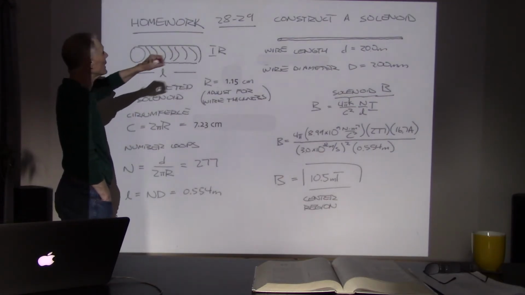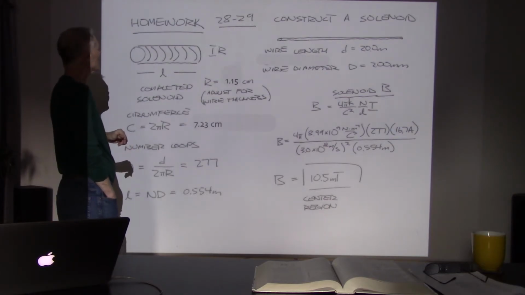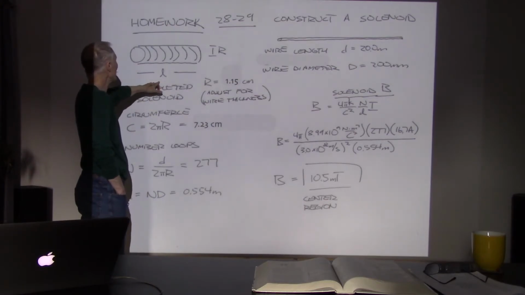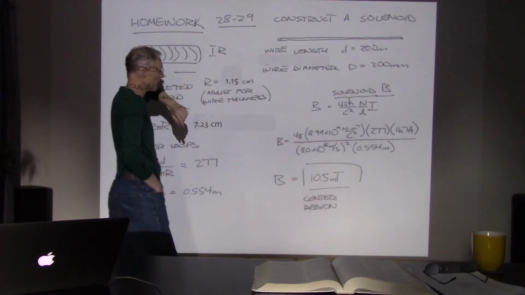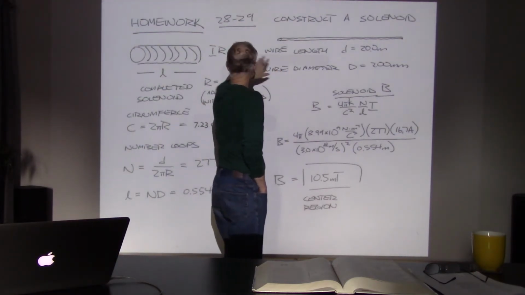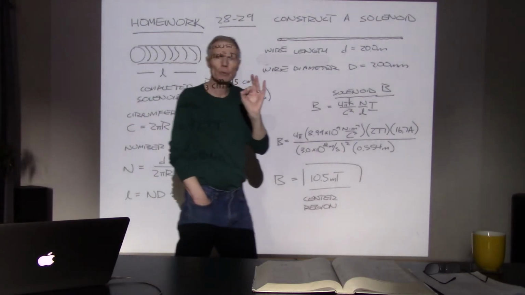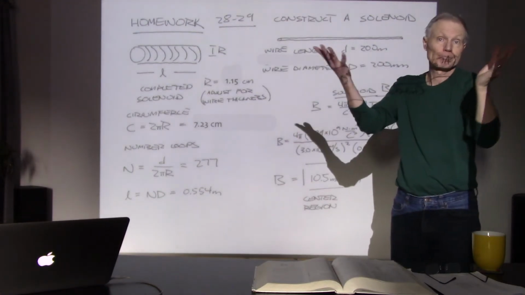In problem 29 from chapter 28, we're constructing a solenoid, and the solenoid's going to have a length of L and a radius of R. We're going to make the solenoid out of a piece of wire and a cylinder. We're going to have a cylinder that we're just going to wrap the wire around.